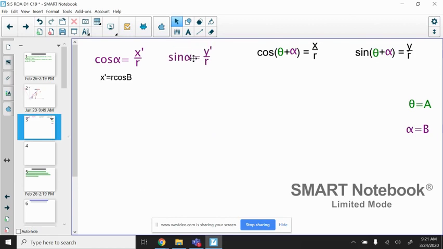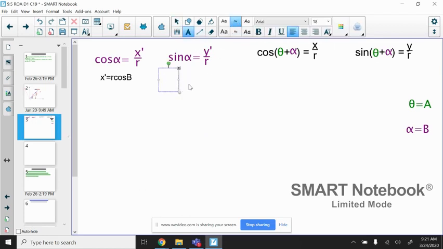I'm going to use that same sort of reasoning over here. I'm going to multiply both sides of the equation by r. Just for the record, r can never be 0, because the point would not be moved from the origin, and we have no right triangle. So doing that, I should get r times the sine of, once again, alpha will be letter B. I'm repeating myself because it's probably going to help me out later on.